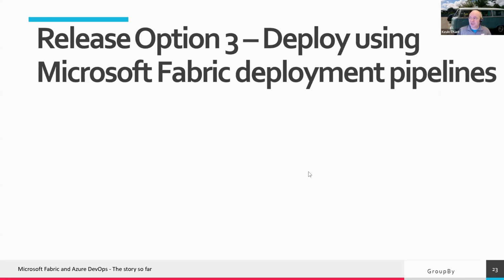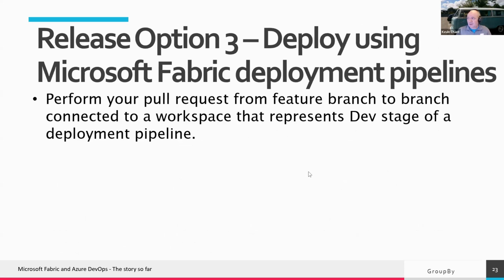Anyway, third option, deploy using deployment pipelines in Fabric. So what Microsoft recommends, and as I showed you just now, where you can go to update a workspace that represents a development environment, Microsoft is saying do that up until that development workspace.